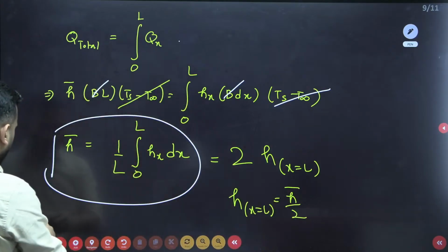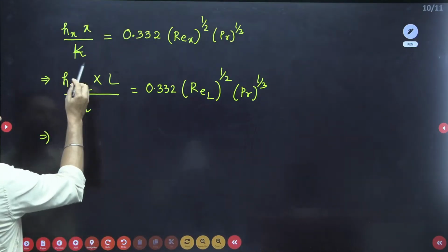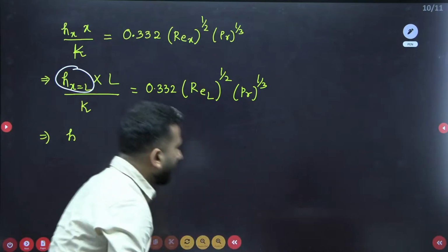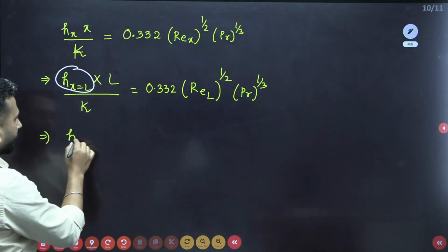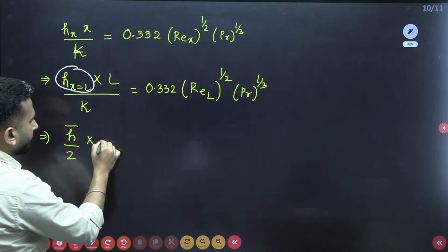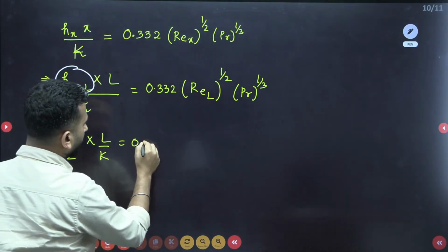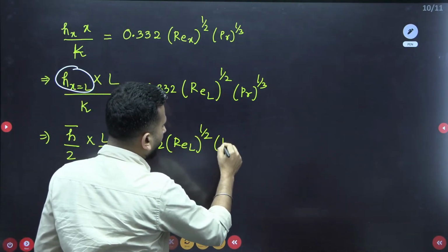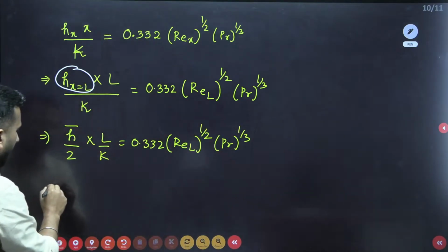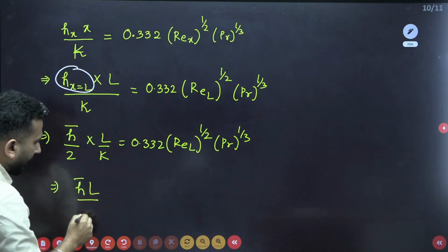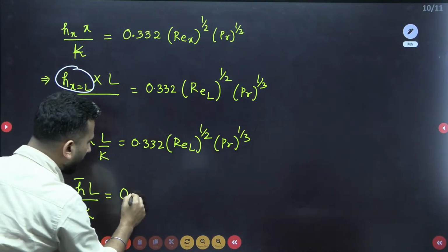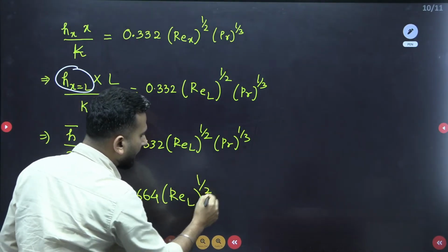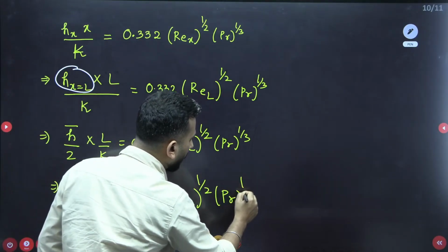So here I can write h bar by 2, so h bar L by k, this 2 will go there and this will become 0.664 Reynolds number at L to the power half into Prandtl to the power 1 by 3.